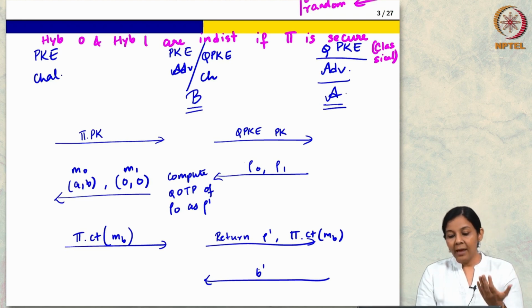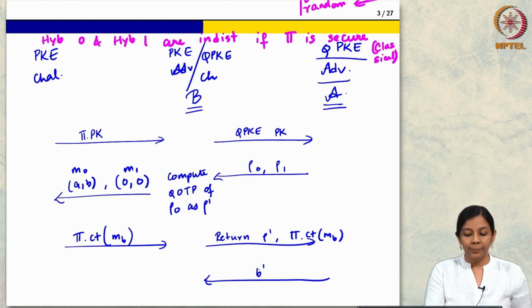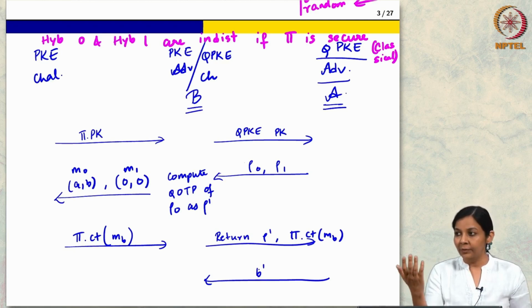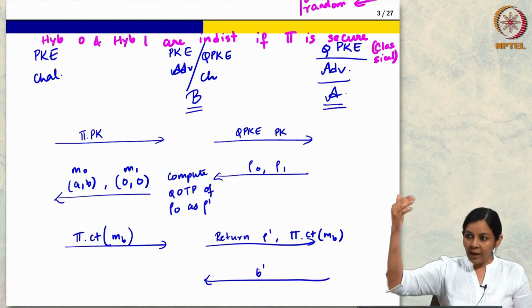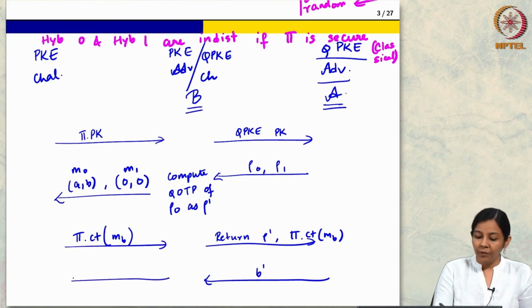Note that if I am in hybrid 0, then I get to see an encryption of AB. If I am in hybrid 1, I get to see an encryption of 0 0. So, I gave my QPKE adversary A exactly the distribution of either hybrid 0 or hybrid 1, and I am asking it to distinguish between hybrid 0 and hybrid 1. If it can figure out what the bit is, then the reduction can also figure out what is the message inside the pi that I received.